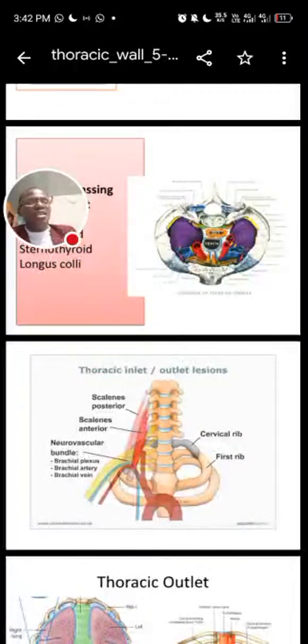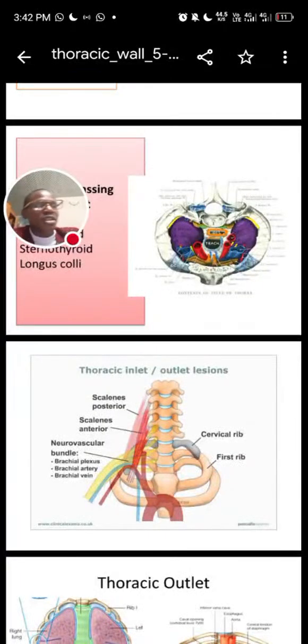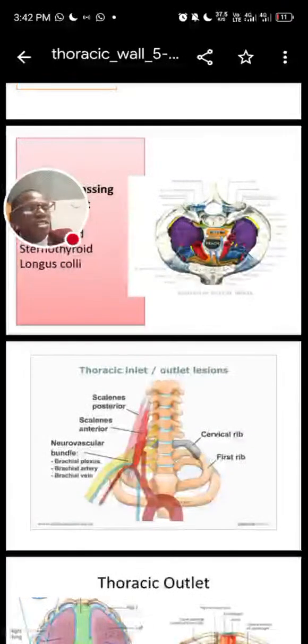That's where you have sympathizers. And then you have the first left recurrent laryngeal nerve. Sorry, not artery, because we're talking about nerve.